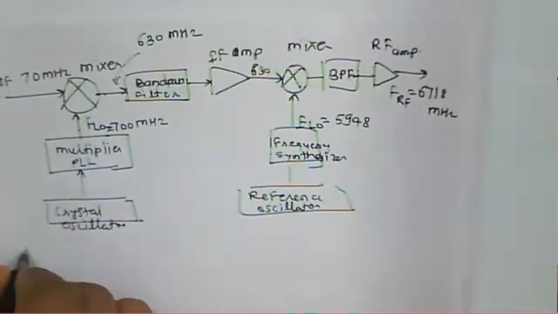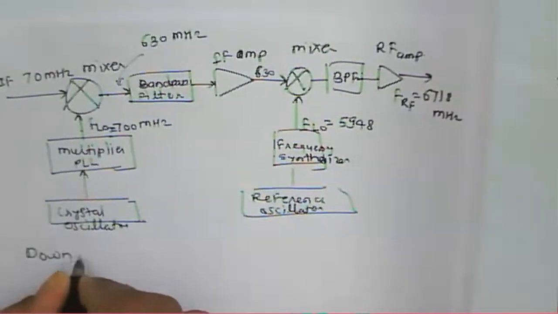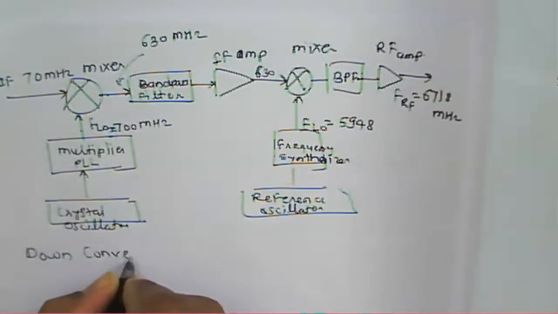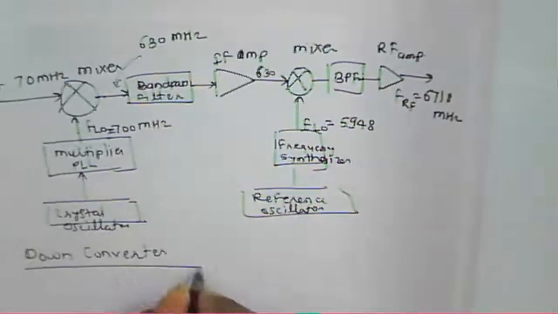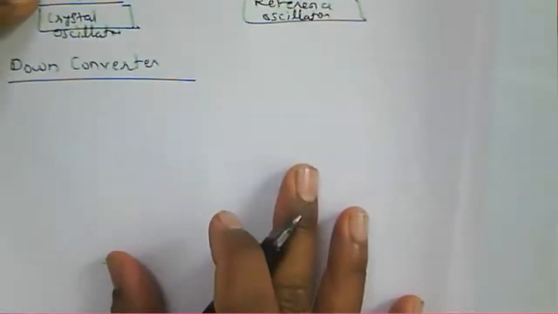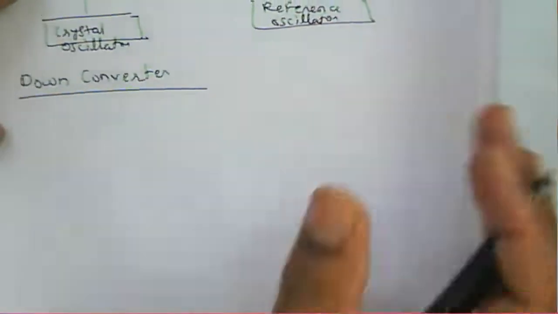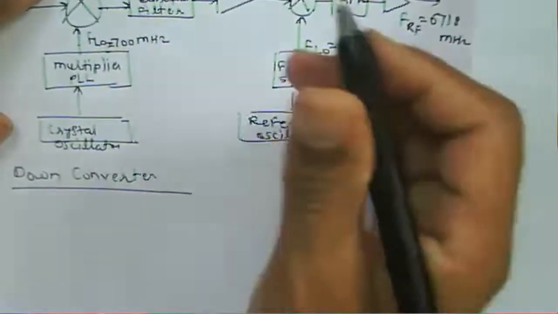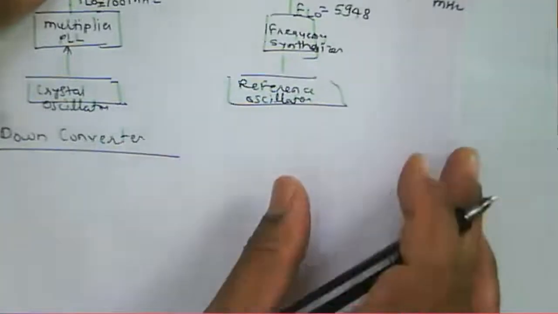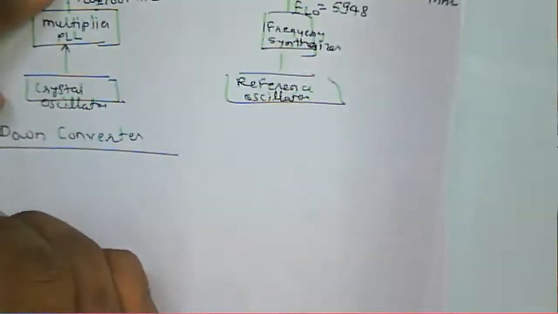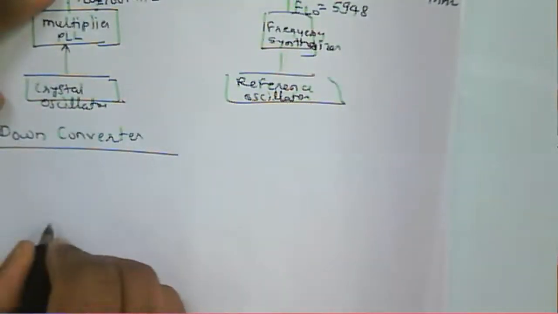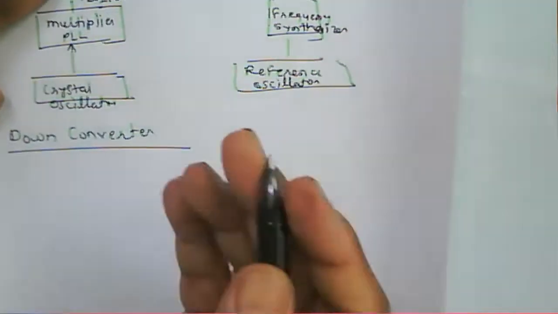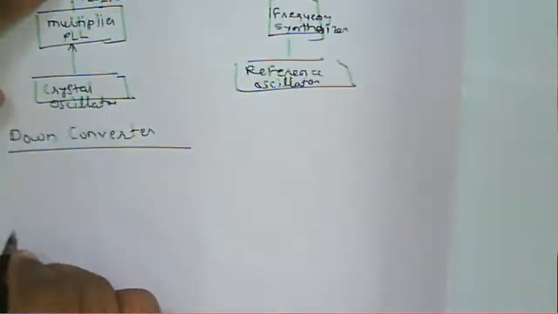So similarly, for the down converter, because up conversion means what? It is for the uplink signal. Similarly, for the down conversion, we need to use again a single conversion or a double conversion.